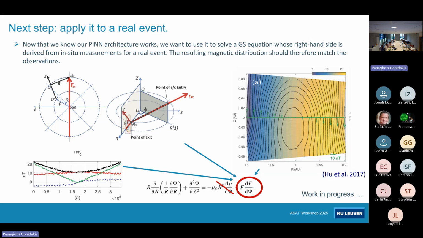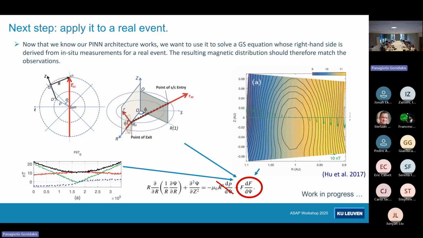And you can obtain this kind of result where you see the 2D shape and the flux in space. And using the flux, you can determine the right-hand term of the Grad-Shafranov equation. So with in situ measurements, you determine the right-hand term of the Grad-Shafranov equation.